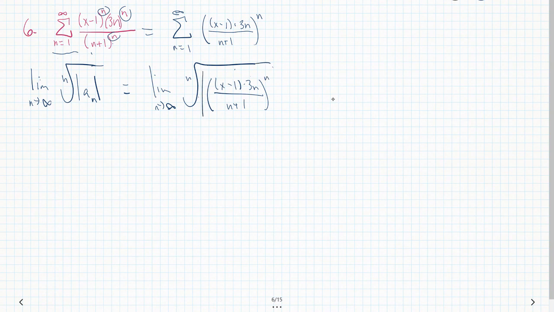Notice now, and let me put an absolute value there, the nth root of the nth power, those will cancel, and so what we're left with is just the limit as n goes to infinity of the absolute value of x minus 1 times 3n all over n plus 1.